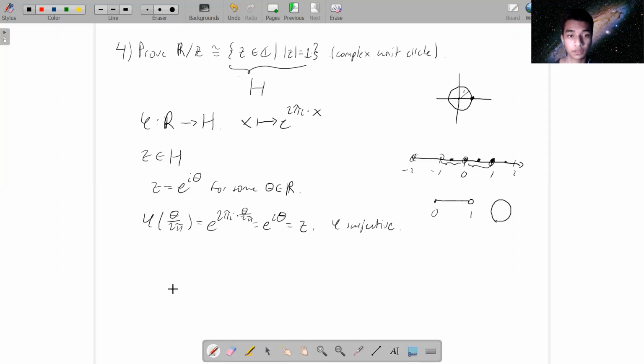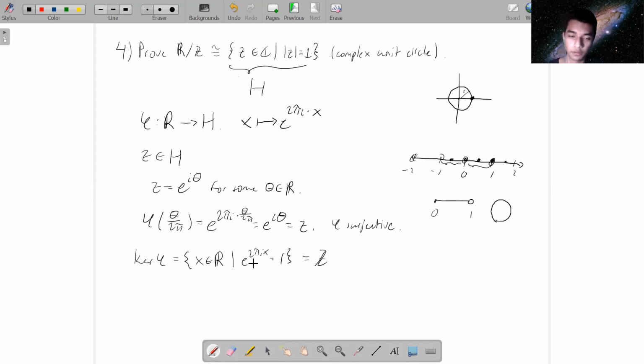All right. Furthermore, the kernel of phi is the set of x in the real numbers such that e to the 2 pi i x equals 1. This is very clearly the integers. Because when e to the i theta is equal to 1, theta is a multiple of 2 pi.